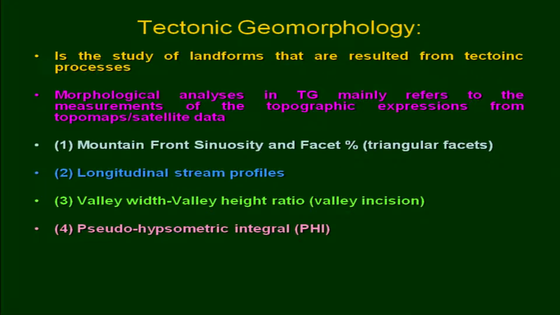If the tectonic activity is less, the influence will be less and you will have wider valleys. Then fourth is the pseudo-hypsometric integral.